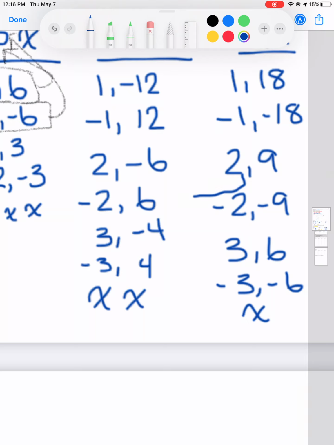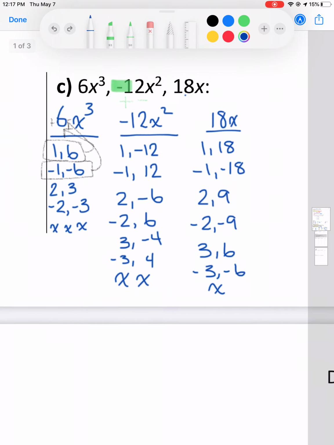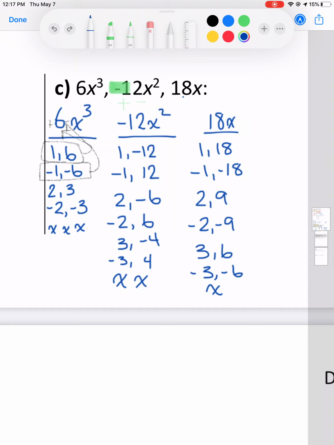So what is the biggest number that appears in all 3 of these terms? Hopefully right away you guys notice there's an x in all of them. We can't do 2 or 3 x's because the 18x only has 1 x, right? So for my final answer, let's box it up.